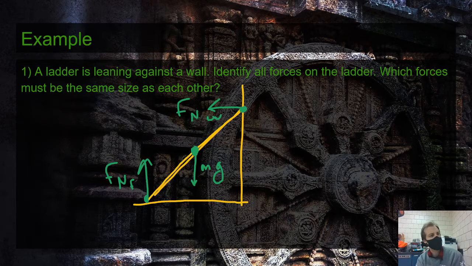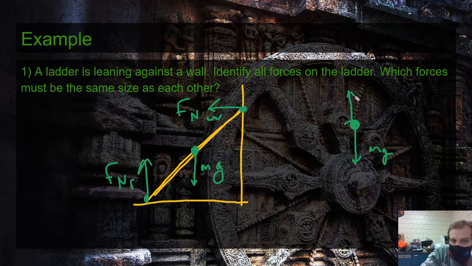Another way you can think about that is if we look at our free body diagram so far, because I've been drawing this picture as where all the forces are, but I haven't been drawing the free body diagram, we're going to need both. Our free body diagram so far has mg going down. It has the normal force from the floor going up, and it has the normal force from the wall going to the left.